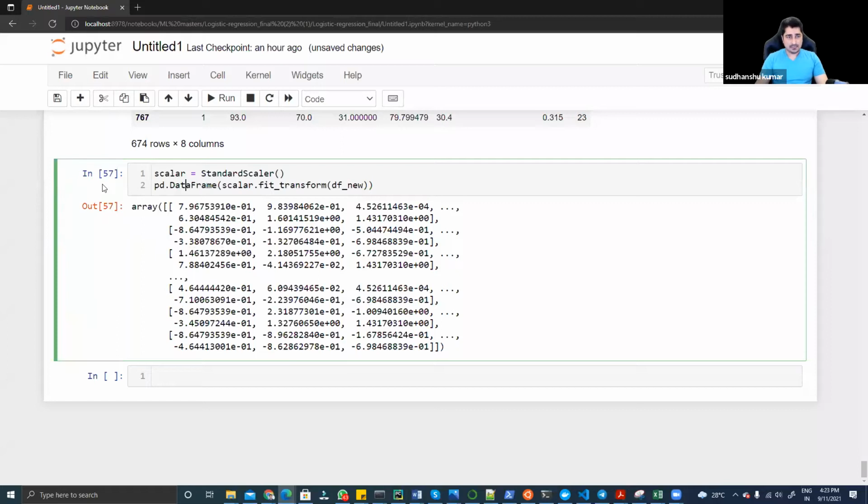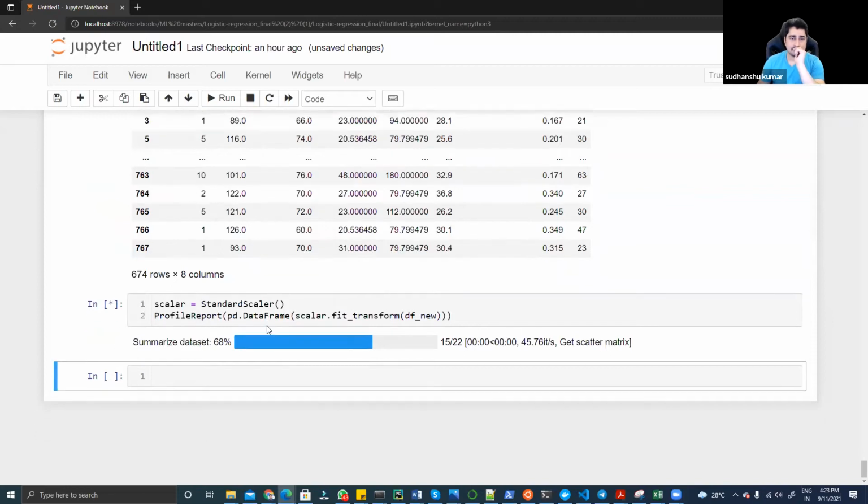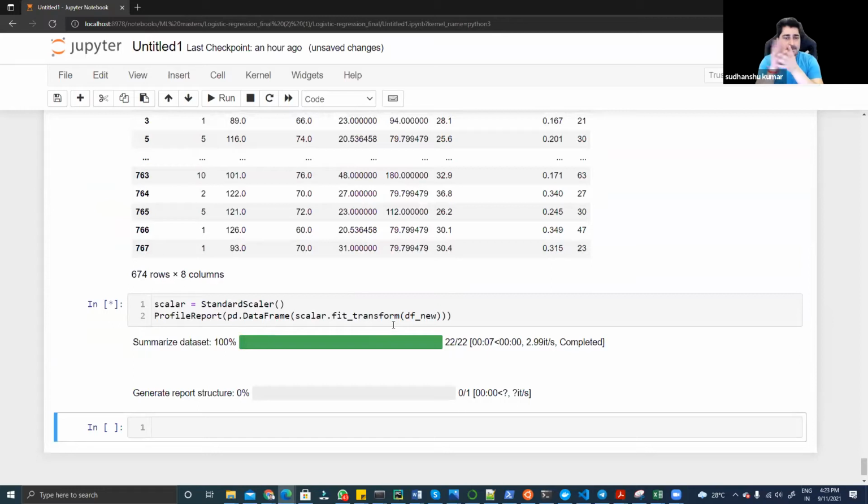So pandas data frame, and on top of that, I can try to call profile report. Yes. So after scaling, how my data set looks like. I'm just trying to find out that.